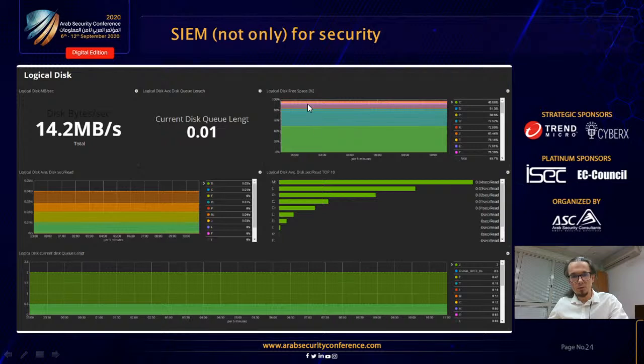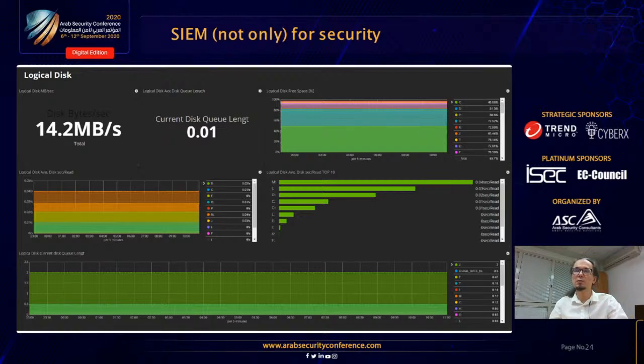So we are able to see if there are sudden spikes or sudden drops, how it behaves over time. Then below we have reading parameters on average for the disks. So again, if a disk is failing, we could see any anomalies with the naked eye, basically, that the disk is not behaving properly as expected.